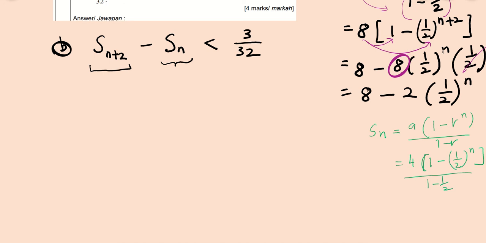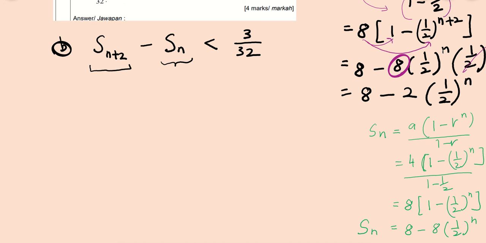So 4 over 1 over 2, yang ini kita boleh simplify dapat 8, multiply 1 minus 1 over 2 to the power of n. So, expand dapat 8 minus 8 times 1 over 2 to the power of n. So, this is the expression for Sn.